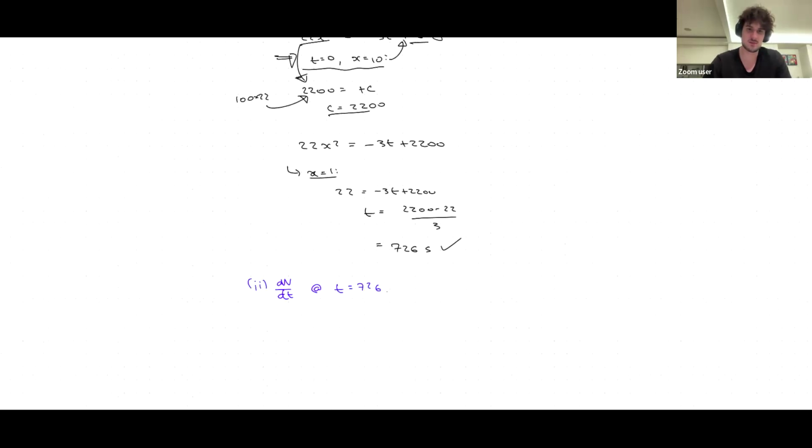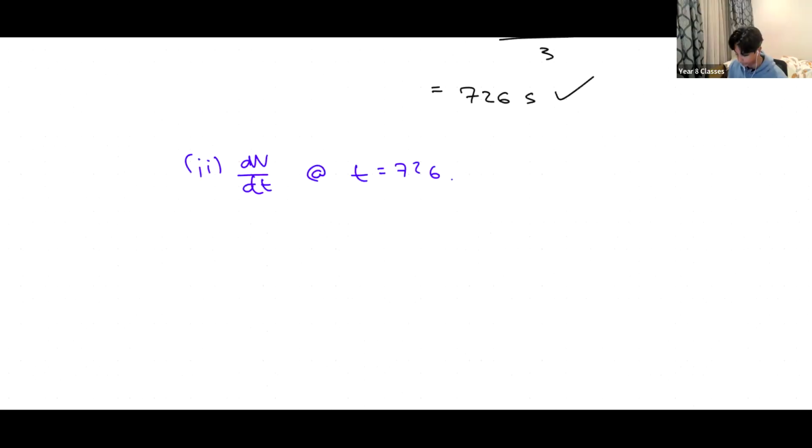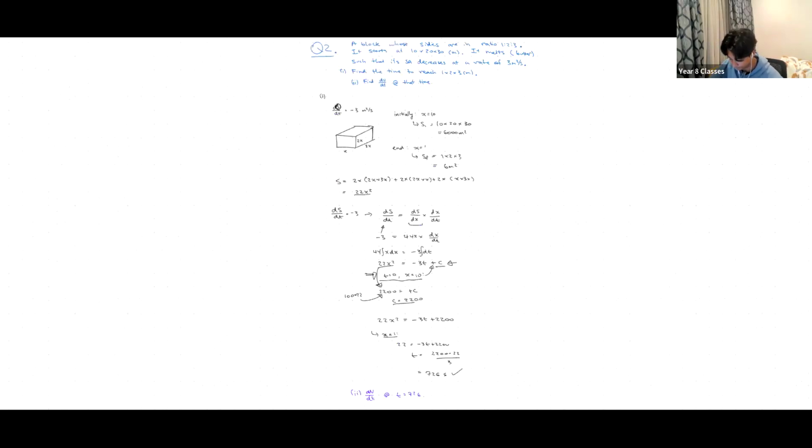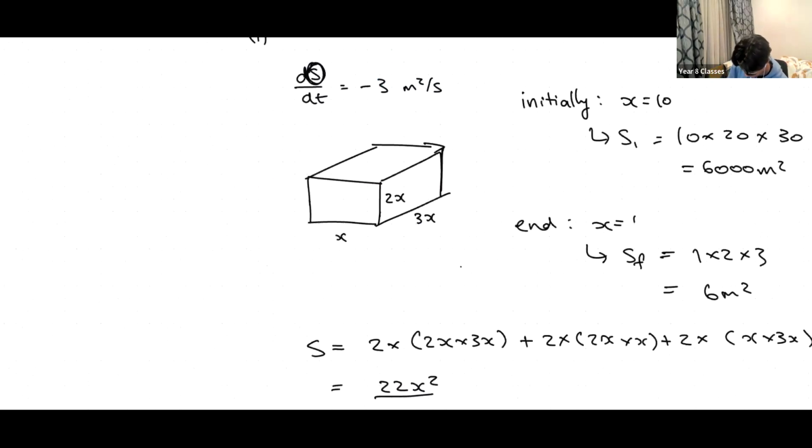From our diagram, how can I express my volume in terms of what I have here? It's what you originally said to me. How do I find volume with x, 2x, and 3x? x times 2x times 3x.